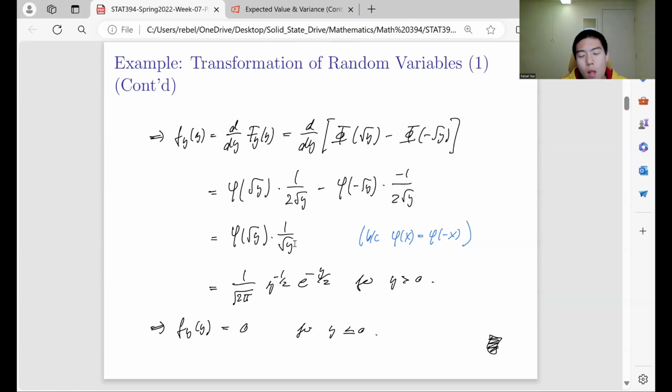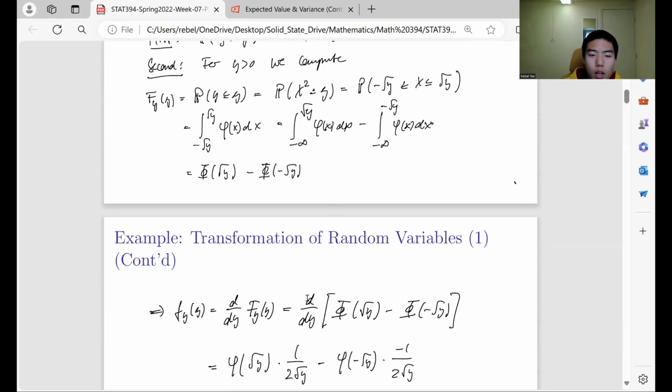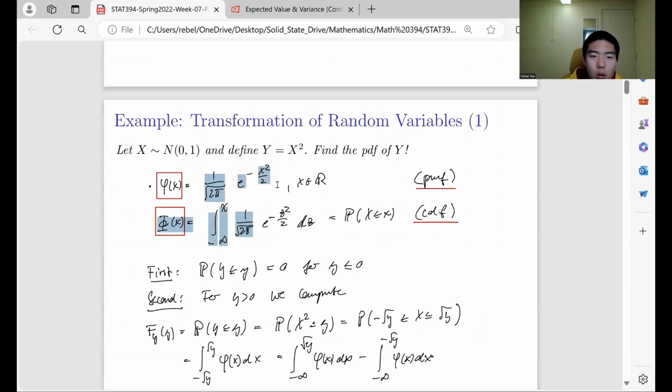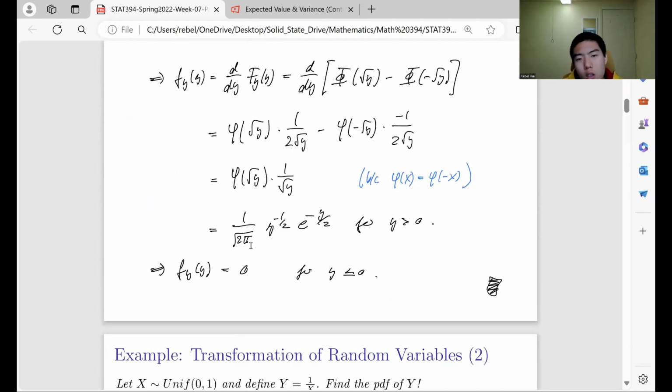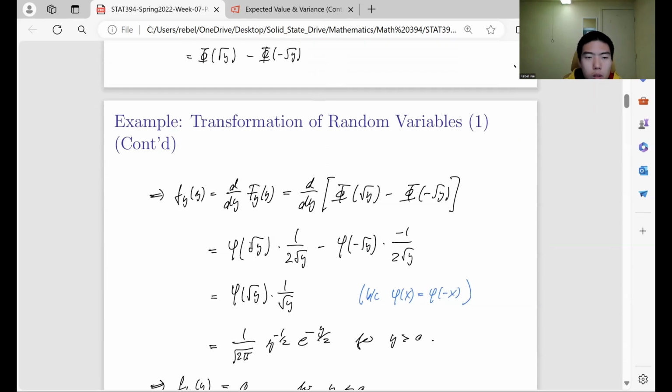So it becomes this one. The 2 under 1 is cancelled. And if we want to write it in a more formal form, we can write it in this form by expanding the term out.